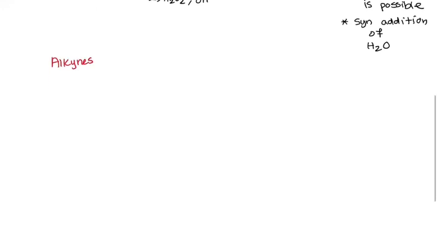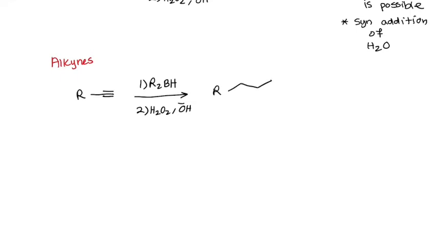So next we have hydroboration and hydration for alkynes. And what that means is that if we have a triple bond like that, we can have it undergo hydroboration, which is as follows: H2O2, and we'll use a base, in this case OH minus, and we're going to get an aldehyde like that.